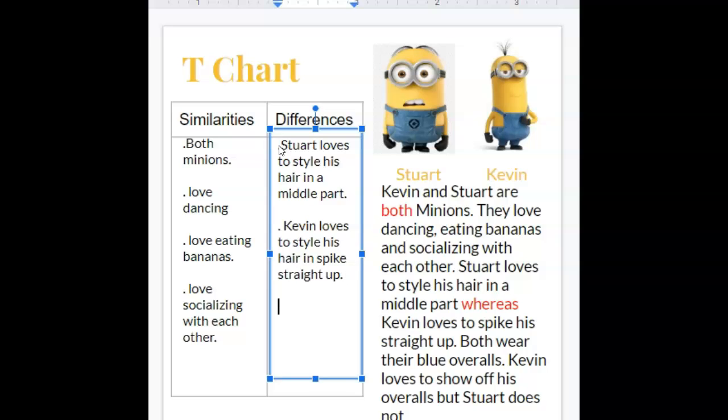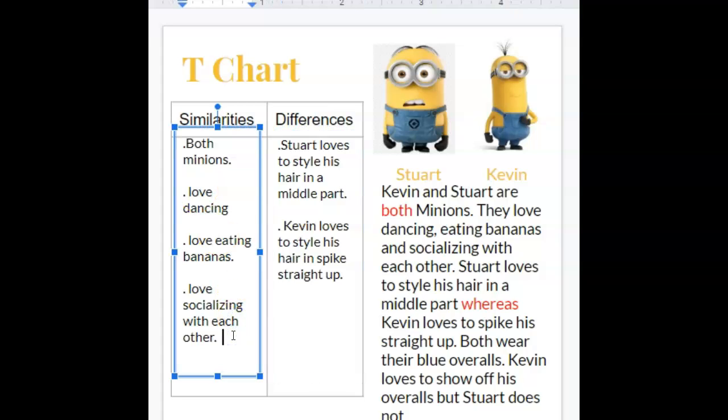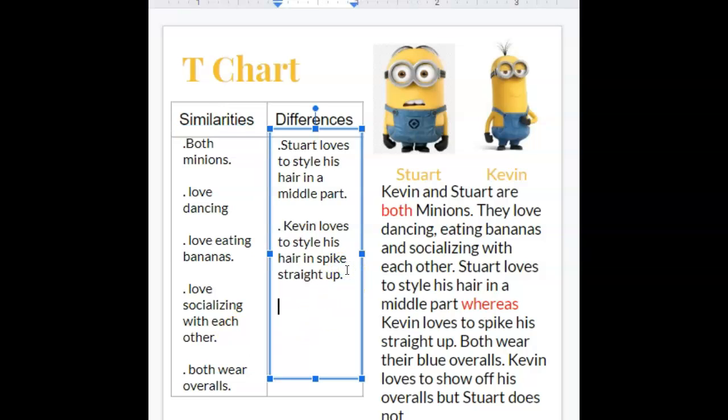Okay? Both wear their overalls, so that means I need to go back over to the similarity side, because they were both wearing overalls. Not just one. Both of them wear overalls. Back to a difference. Kevin loves to show off.